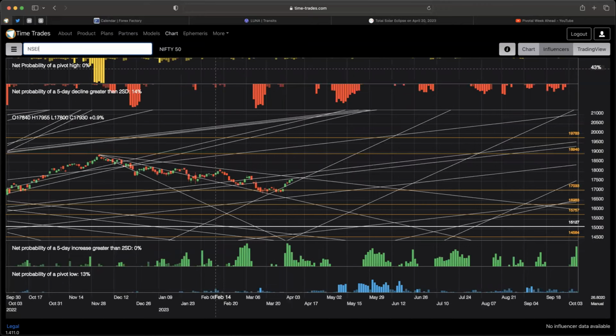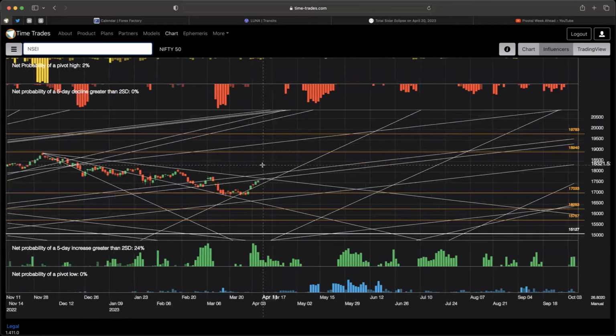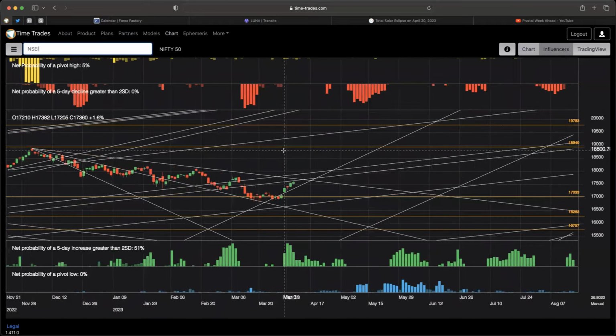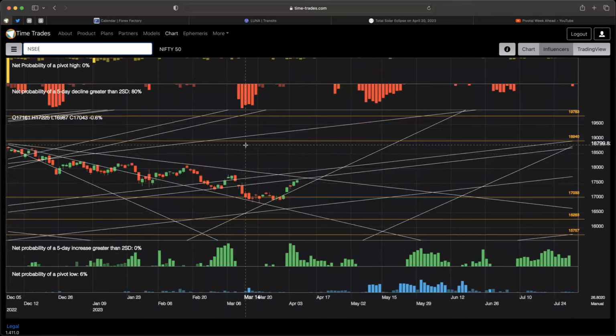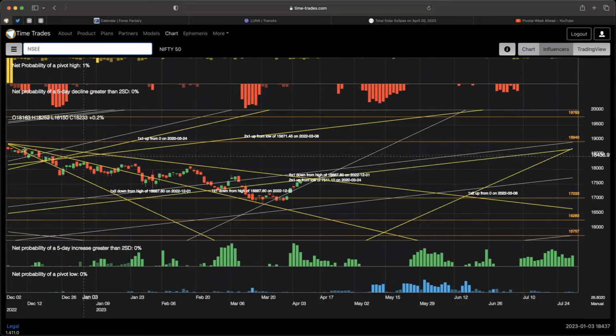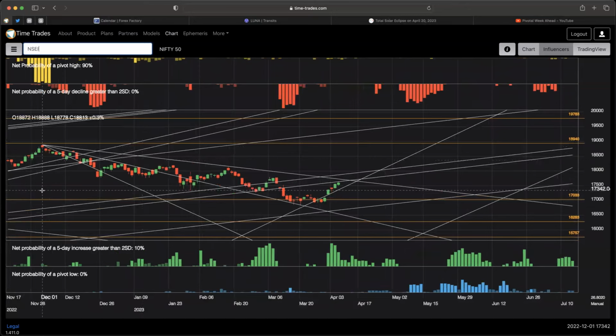And what I love about the NIFTY is just how much it respects magic levels and GANFANs. Like you almost don't need machine learning to successfully trade the NIFTY. You don't need anything fancy, but just look at how this has respected this GANFAN down from December 1st.